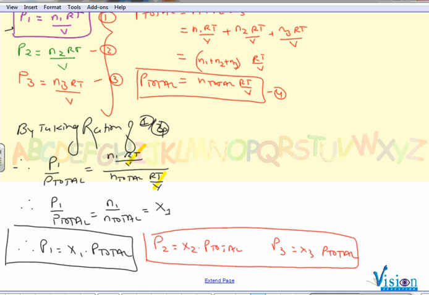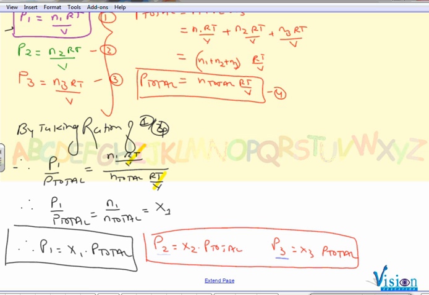If you have a mixture of gases, and if you know the total pressure of that gas, and if you know the individual mole fraction, then you can find out the pressure individually exerted by each gas. You can find P1, P2, P3. Am I right? Are you following me?